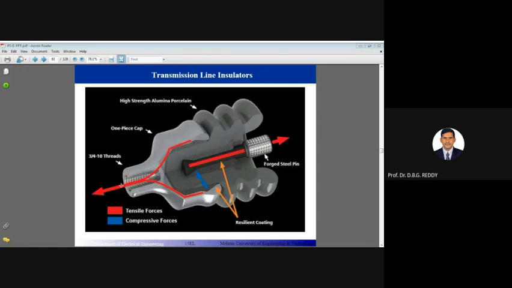From that point of view, how do you judge a quality insulator? With the cross-section of the insulator you can see how it is built inside. The red one shows the tensile forces and green is the compressive forces. How they act on the insulator, how it works.